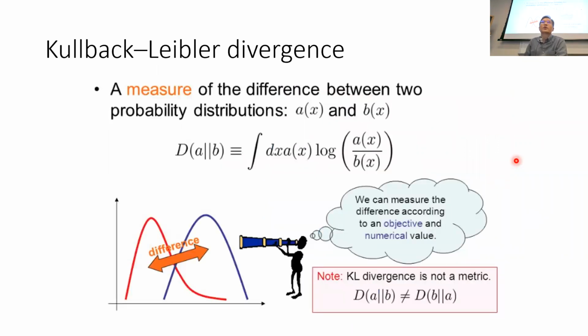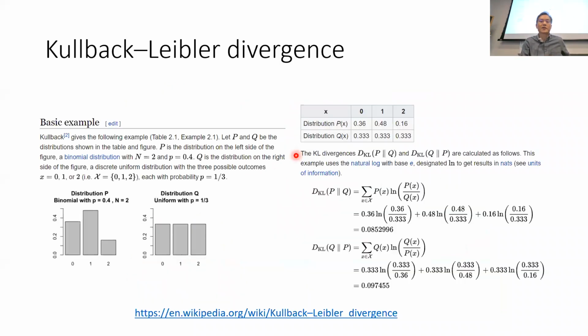Okay, so once you have two distributions, to measure the difference between these two probability distributions, we can use the so-called KL divergence. That's the definition of KL divergence in the continuous form. Let me use a discrete example to illustrate.